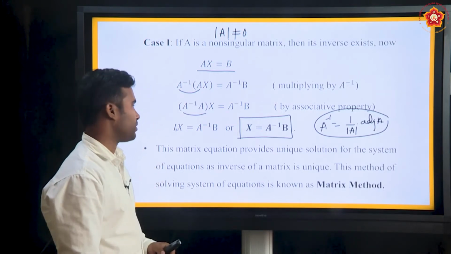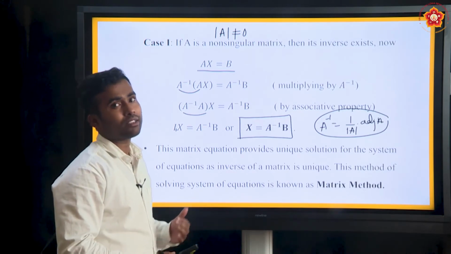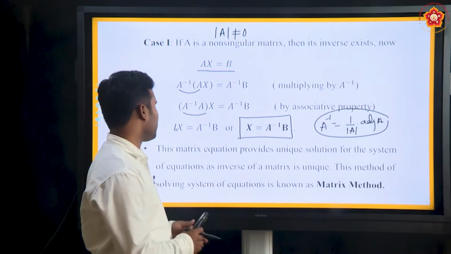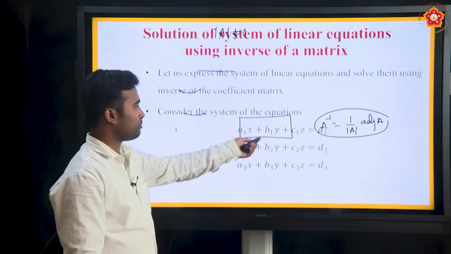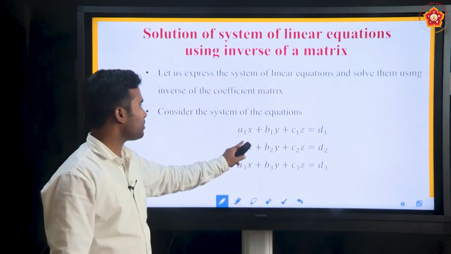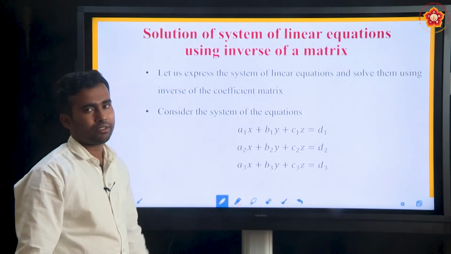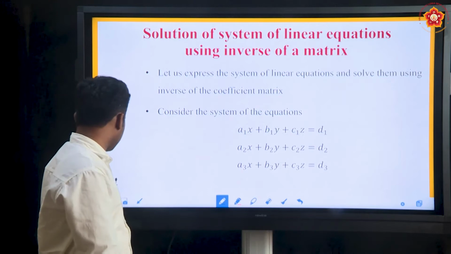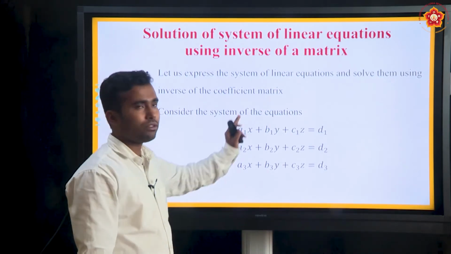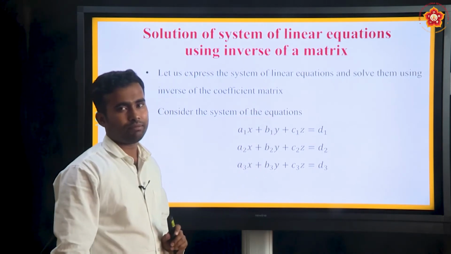That itself is the solution, and you can verify it. You can verify your answer after finding the values of all the variables by substituting them into the given system of equations. After finding the values of x, y, z, you substitute them in any of the equations according to the problem given. Then the equation will be satisfied.